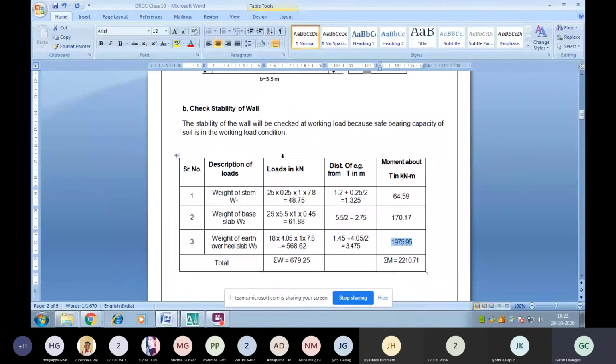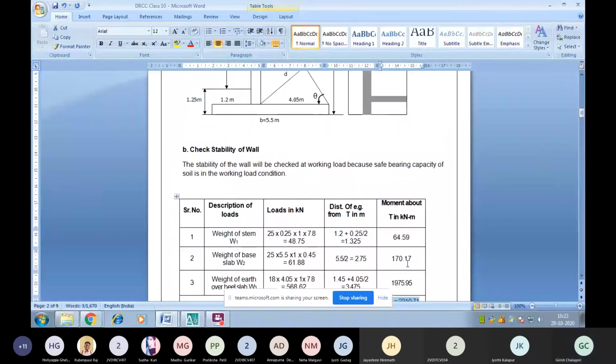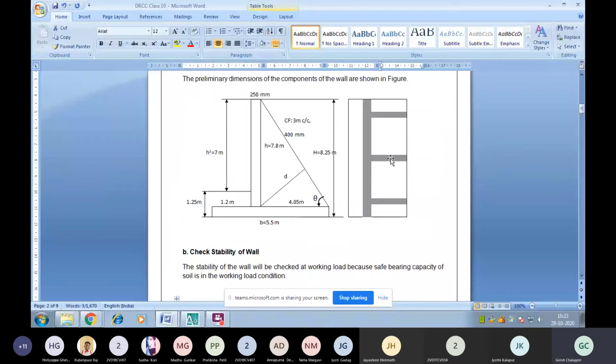So our total load will be 679.25. Moment, adding all this, we get 2210.71 as the moment. We may ask, sir, the load of the counterfort is not taken. We are taking per meter width, so the thickness is 0.45. Every time it will not be there. Somewhere if I check stability at this point where it is critical, in between counterforts, it should be safe.